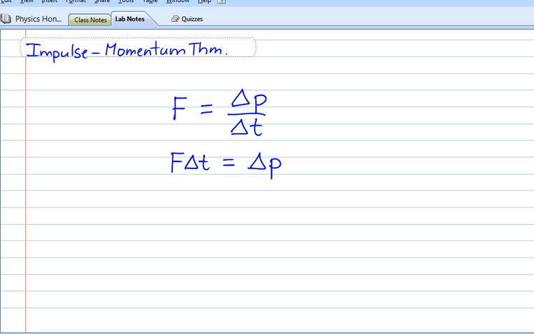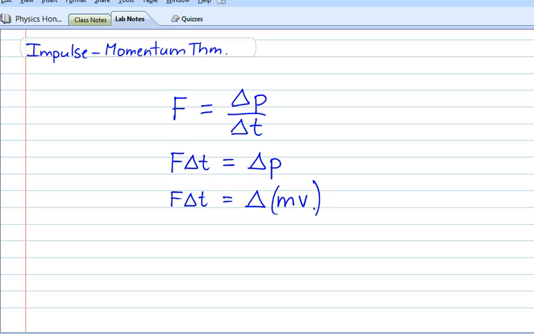And this makes sense if you think about it. If you want to change an object's momentum, you have to apply force over a particular amount of time. Now we can take this one step further, and we can write on the right side that a change in momentum is actually a change in mass times velocity.